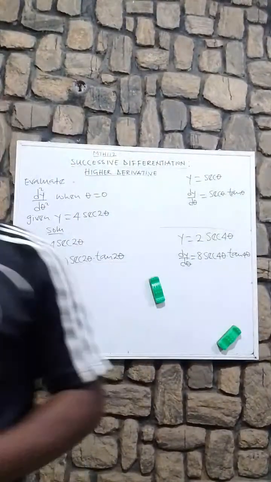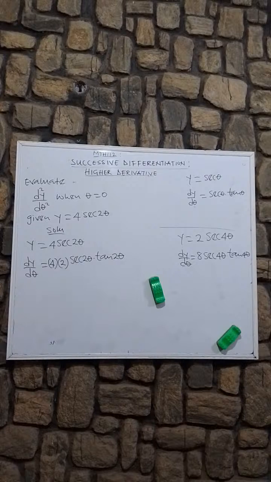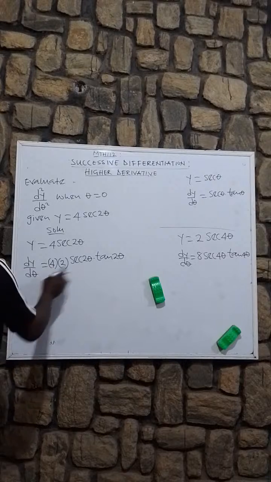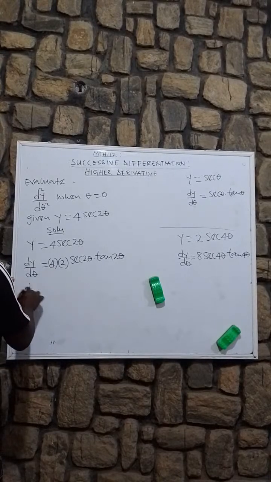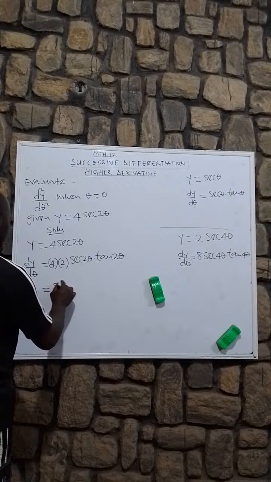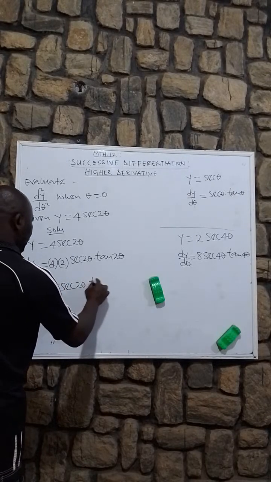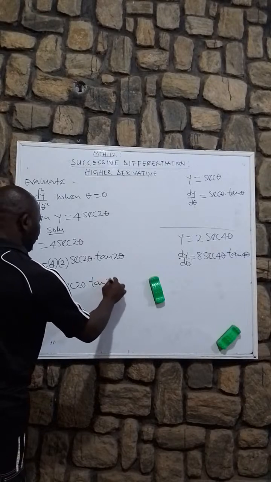It's true, right? So if you agree with me, dy over d theta is equal to 4 times 2, 8 sec 2 theta times tan 2 theta.